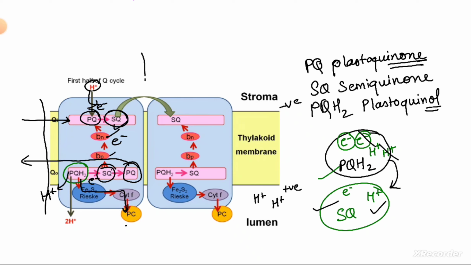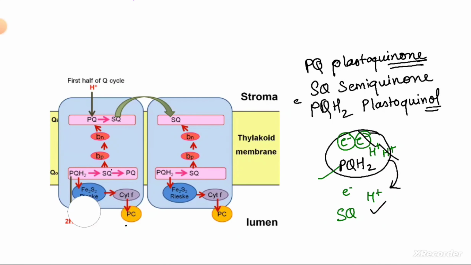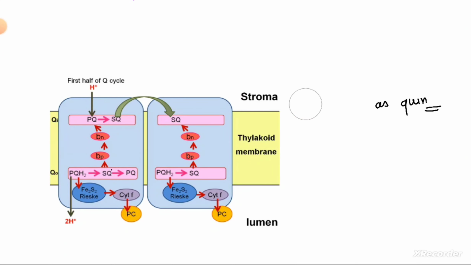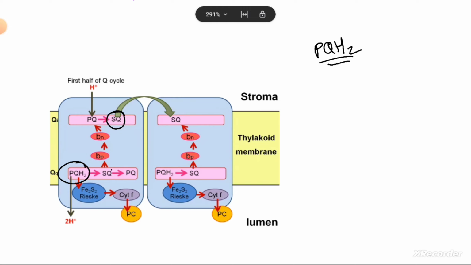So at the end of the first half of the Q cycle, by the way, this Q cycle is actually divided into two halves, you end up with semiquinone. Since it is a cycle and we started with plastoquinol, we will end up with plastoquinone. How? Let's start with the second half.